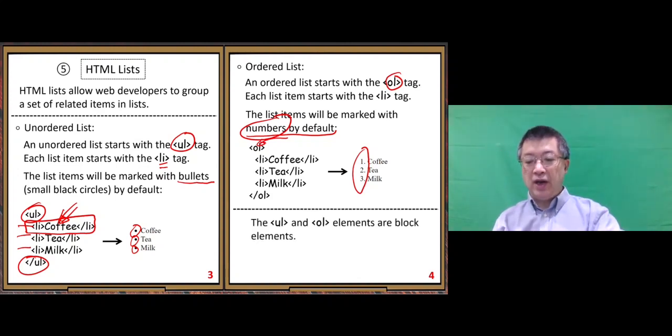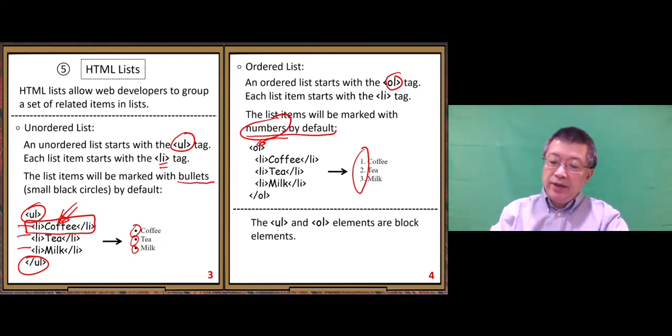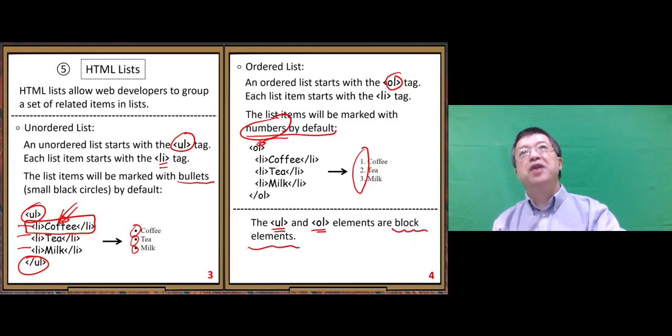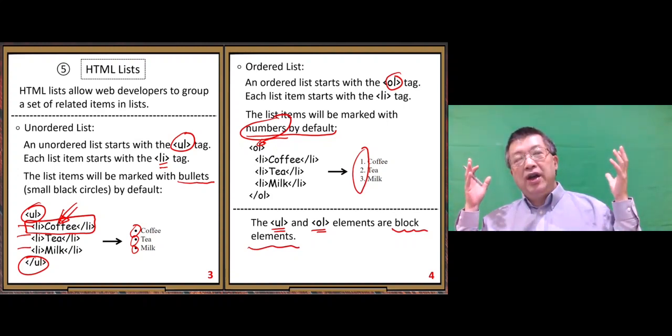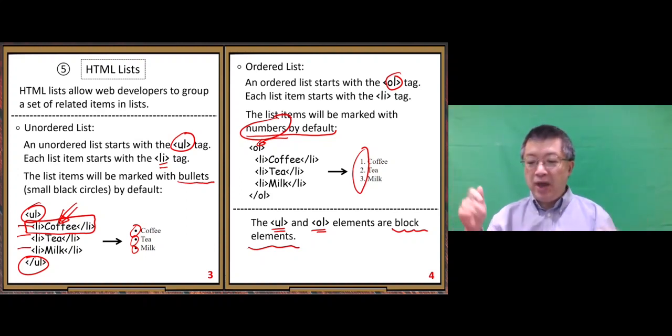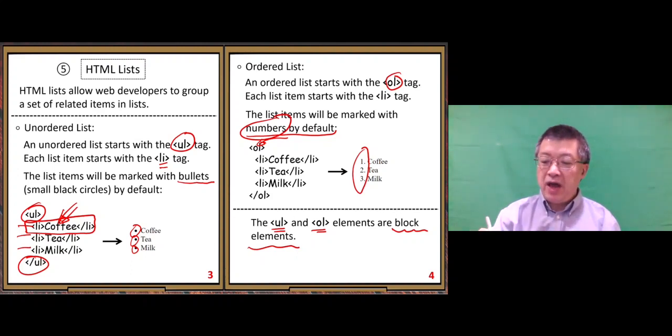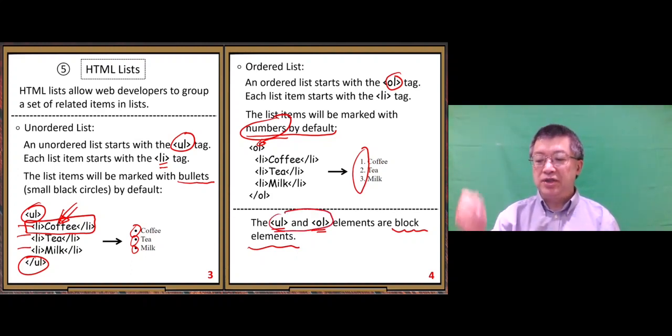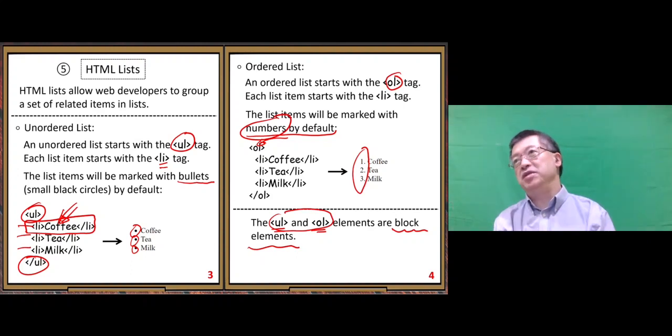One thing pointed out, the UL and OL elements are block elements. Now you know that's the reason why I started with the explanation on block elements and inline elements. Now you know the behavior of UL and OL elements, block elements.